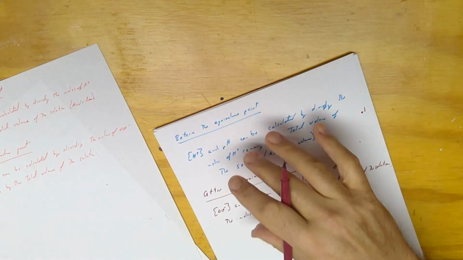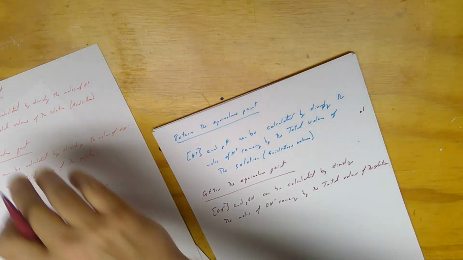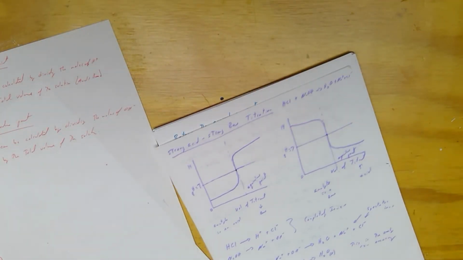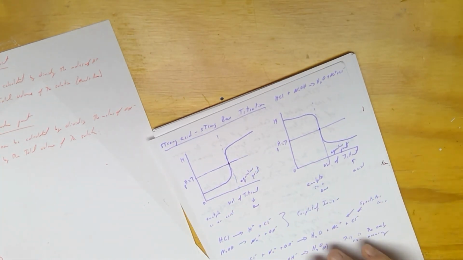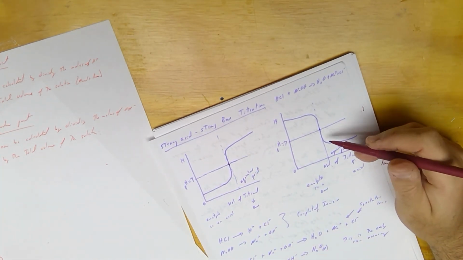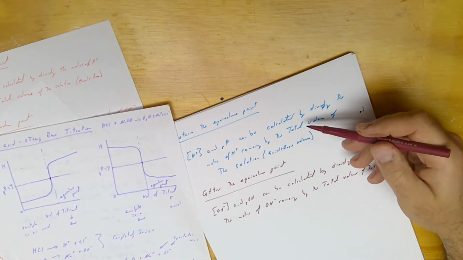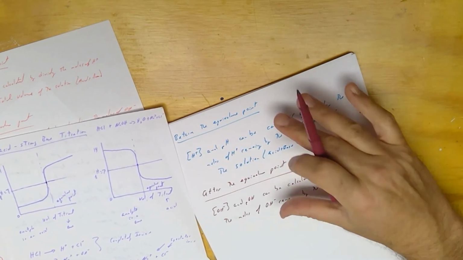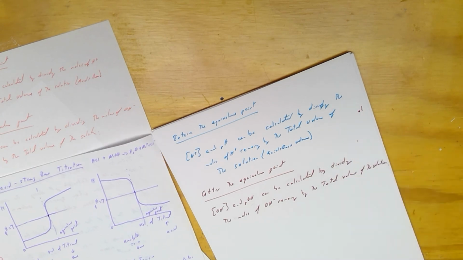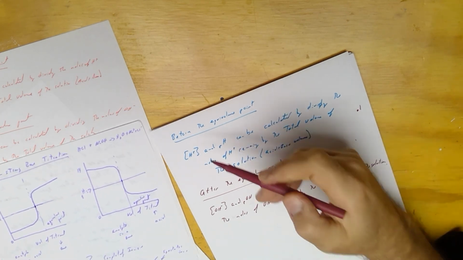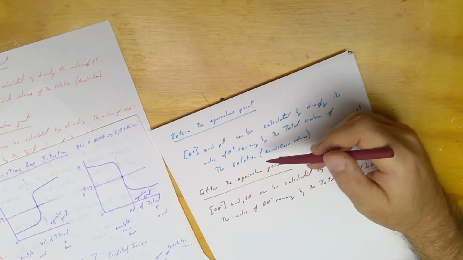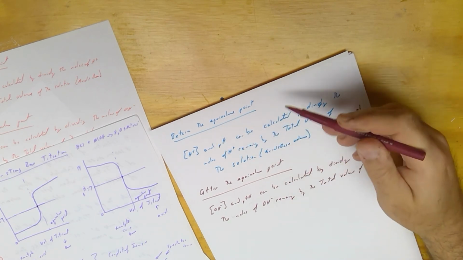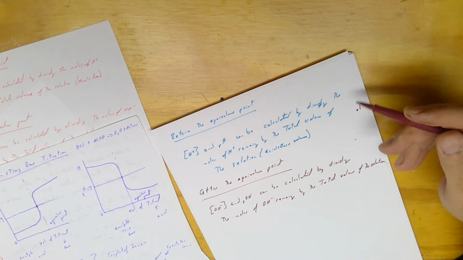Now, these two things are for my first curve. All right, so when I'm starting as an acid and going to a base. Okay, if I was using this curve, this would be the exact opposite. Now, this is really what we just did, is we went through each one of those and we found out, okay, how many moles of H plus we had to start, and we divided it by the solution. So we did all this in our calculations.